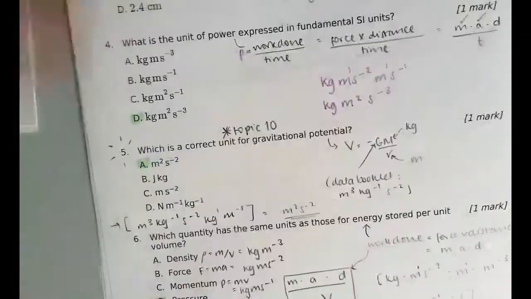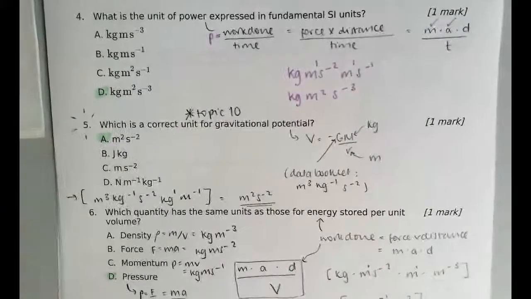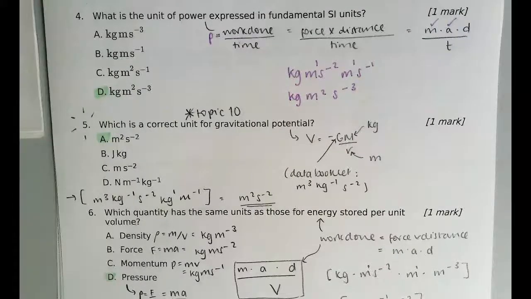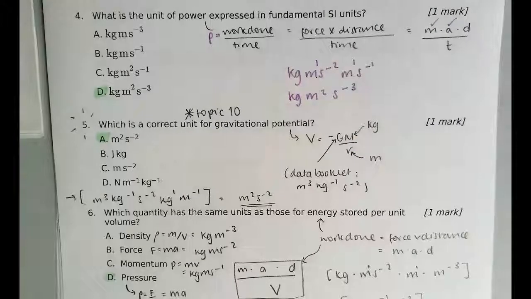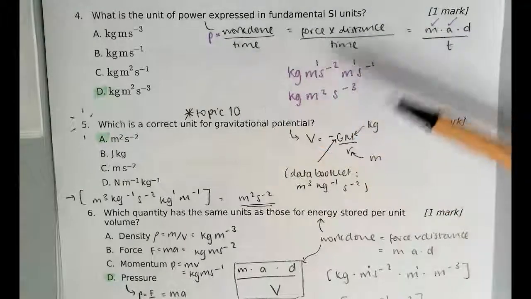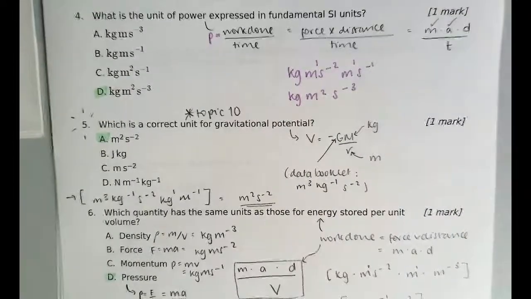Unfortunately, with IB questions sometimes it requires you to have covered the whole course to be able to test a certain topic. Case in point, which is a correct unit for gravitational potential? Obviously, you haven't done topic 10 yet, so you don't know what gravitational potential is. Just to illustrate the point, though, I have gone through it.